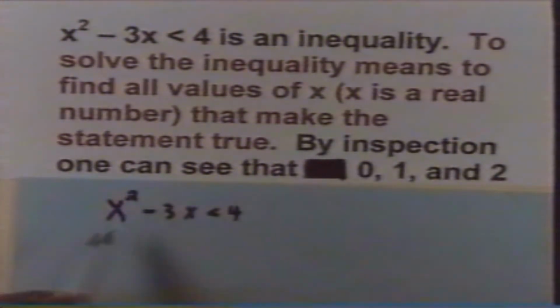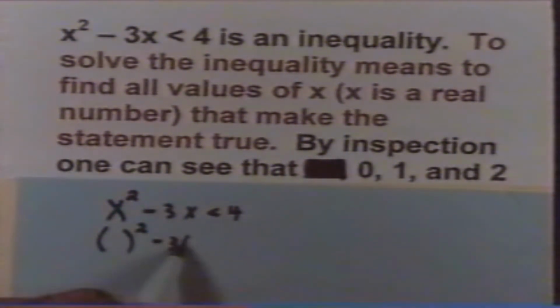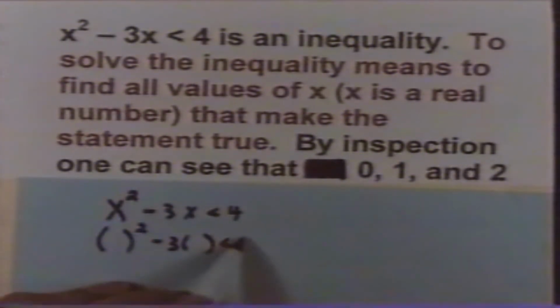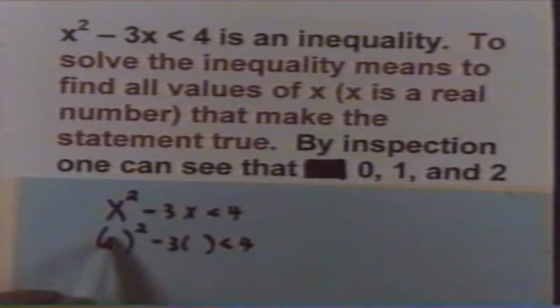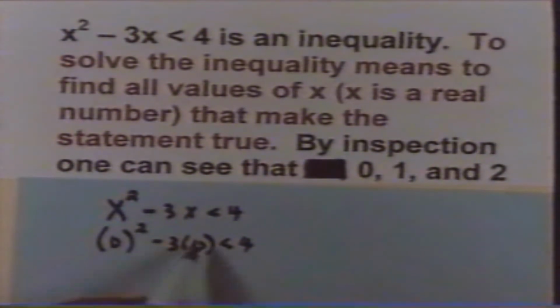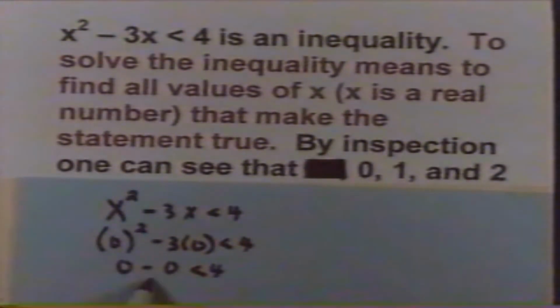If I replace x by 0, first of all, just put in the parentheses. Let's check 0. Well, 0 squared is 0. 3 times 0 is 0. 0 minus 0 is 0. So 0 less than 4 is true.